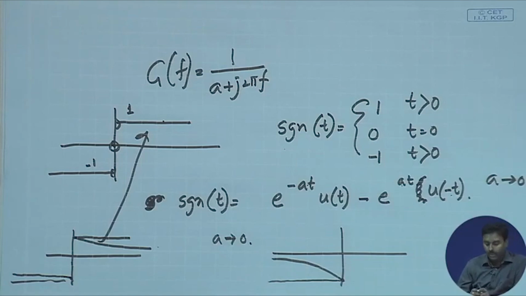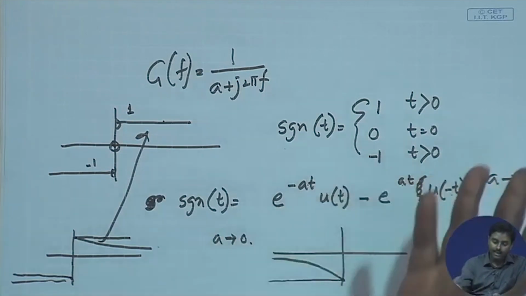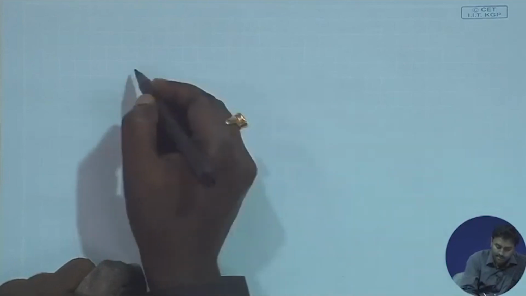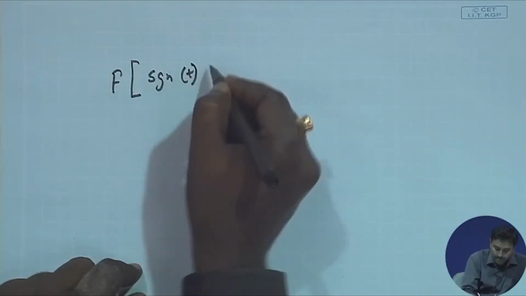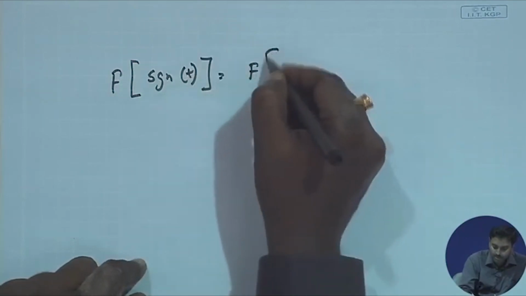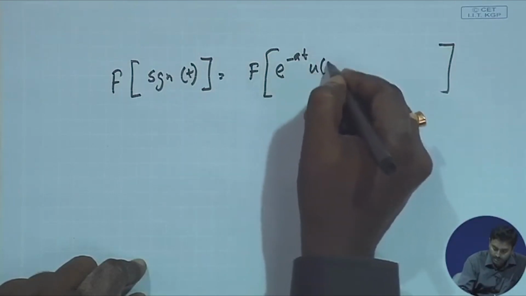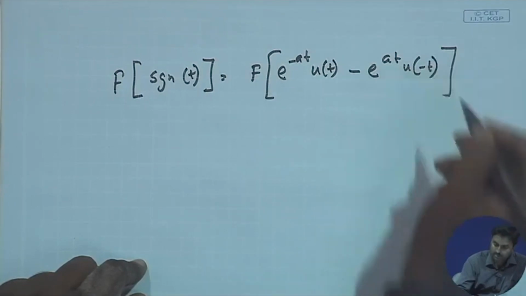So, what we will do now, to get the Fourier transform of signum, is take this representation and use the previous result. Let us try to see. My signum function has already been represented. So, the Fourier transform of signum t must be the Fourier transform of e to the power minus a t u t minus e to the power a t u minus t.